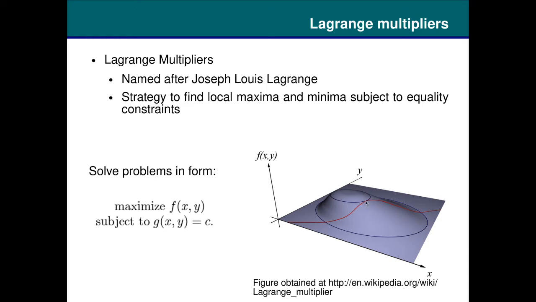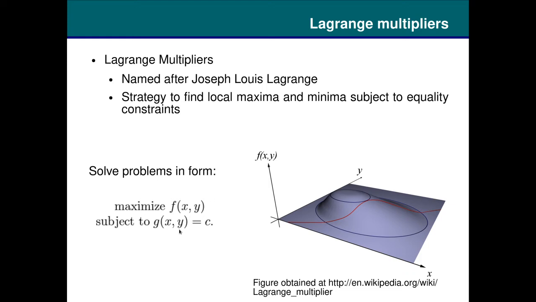And of course, the maximal value for the surface that touches this red function is exactly in here. That's a place where it touches, okay? So for this problem, my solution would be exactly on the point over here. That's a way of seeing the Lagrange multipliers.